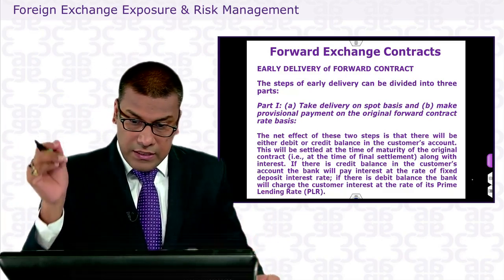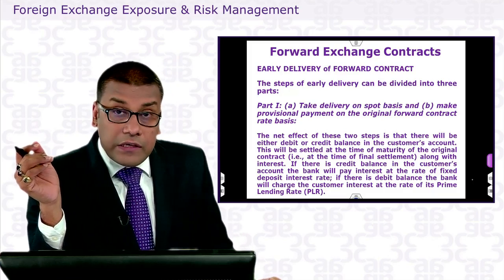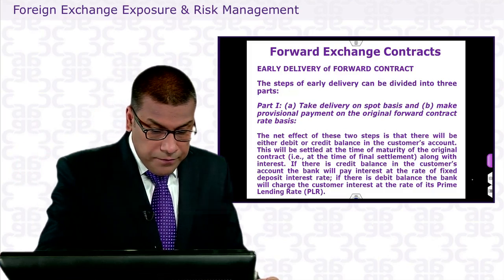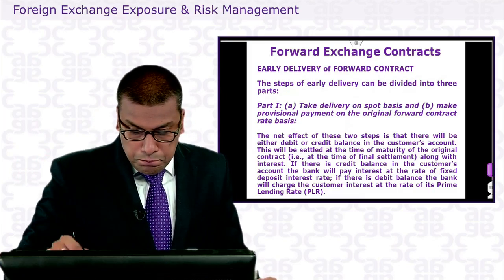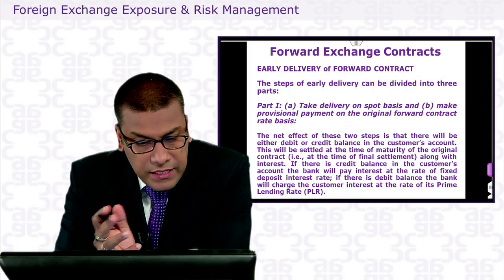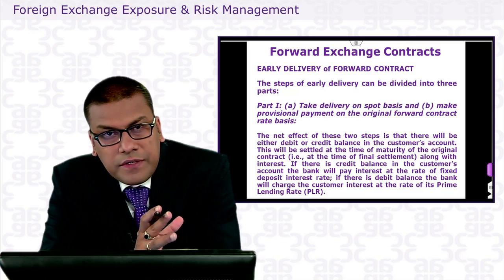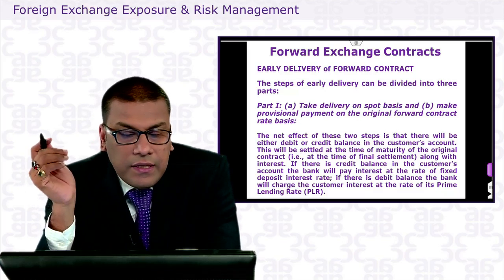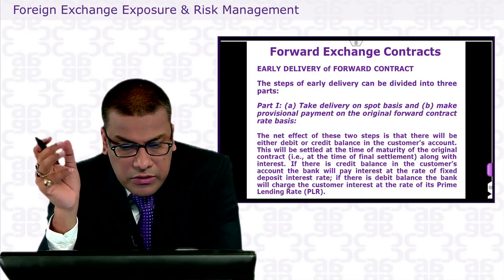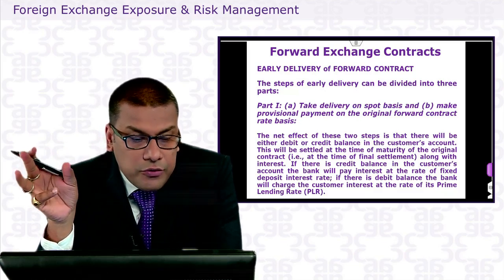So let's try and see this application of early delivery of forward contract. If you see here, there are three parts in which we can study this process. So the early delivery can be divided into three parts.